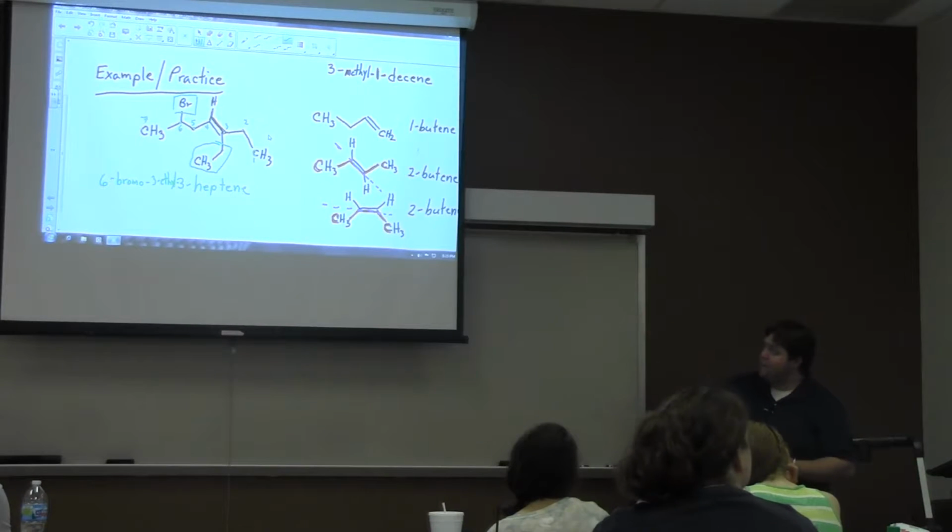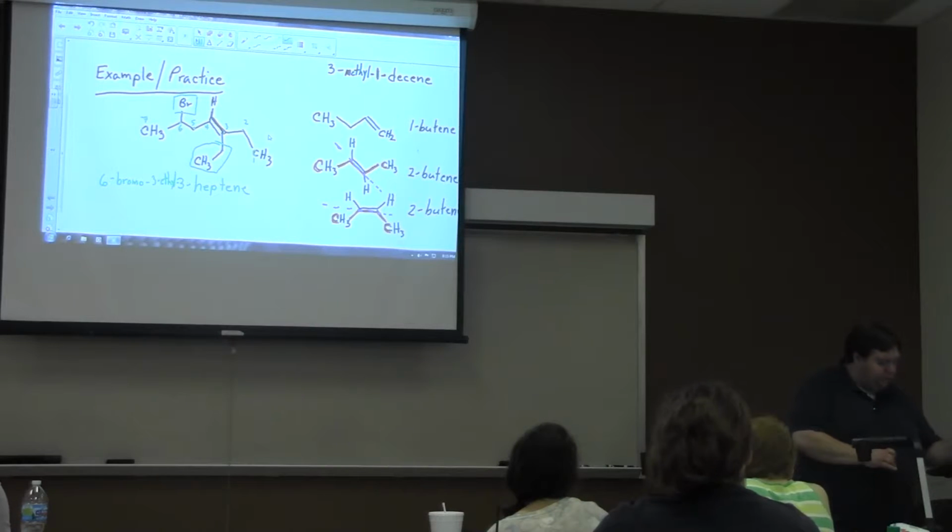So as it sits in the bottle, those are two distinct chemicals, each with its own set of properties, different boiling points, different flammabilities, different spectra, which we'll talk about a little bit later.